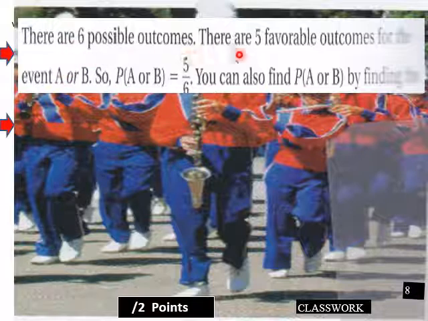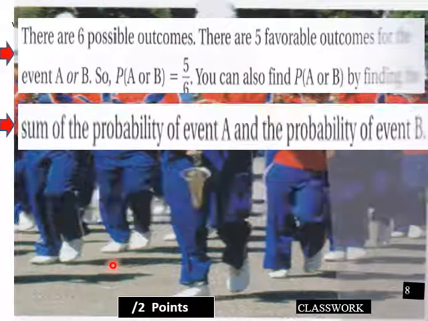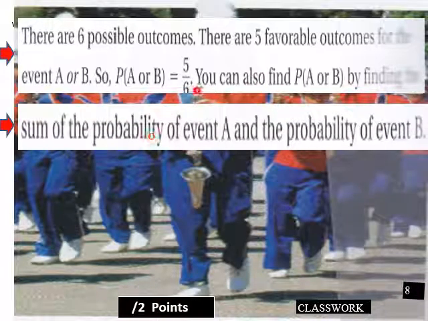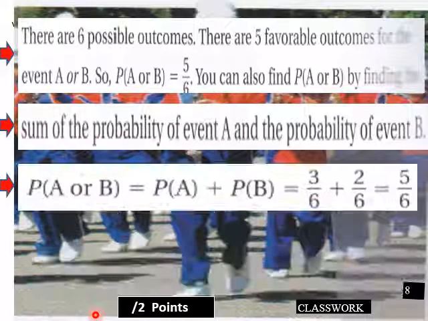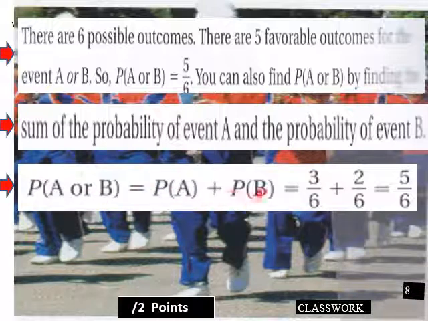There are 6 possible outcomes. There are 5 favorable outcomes for event A or B. So the probability of A or B would equal 5 over 6. You can also find the probability of A or B by finding the sum of the probability of event A and the probability of event B. You add the 2 probabilities together and you get 5 over 6.